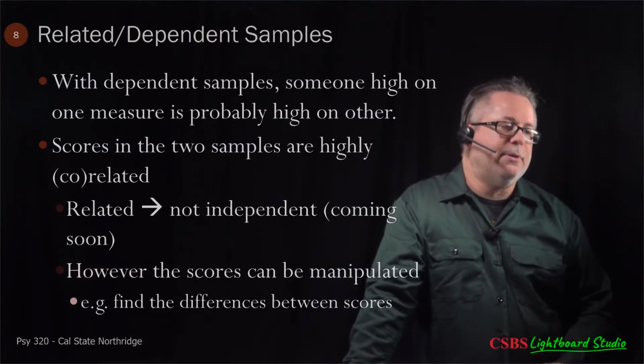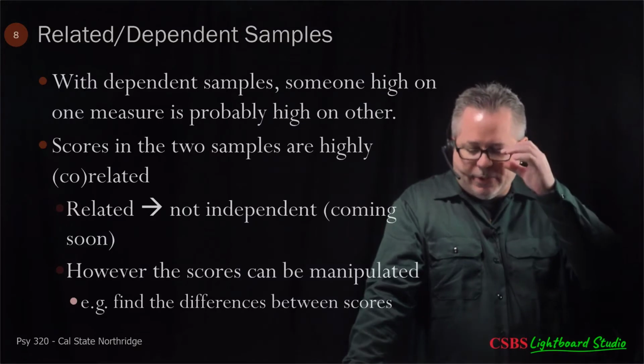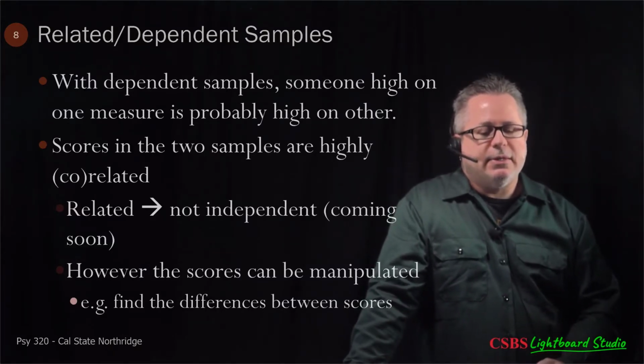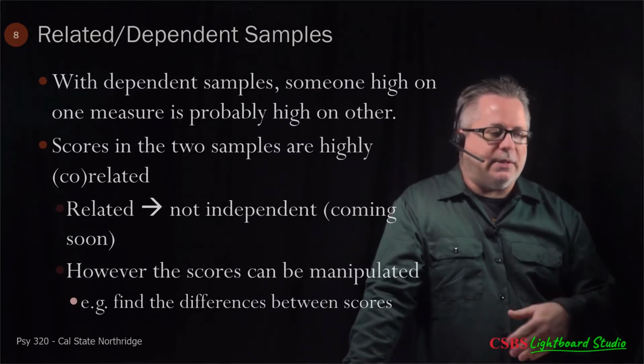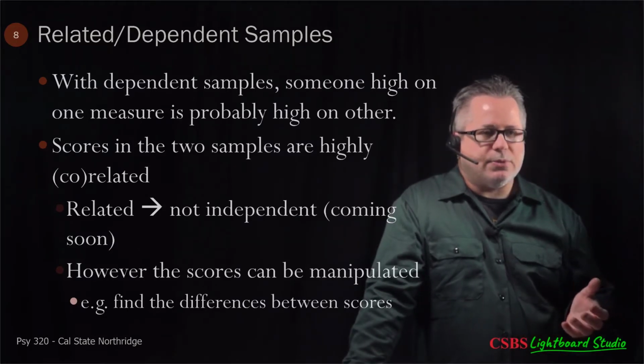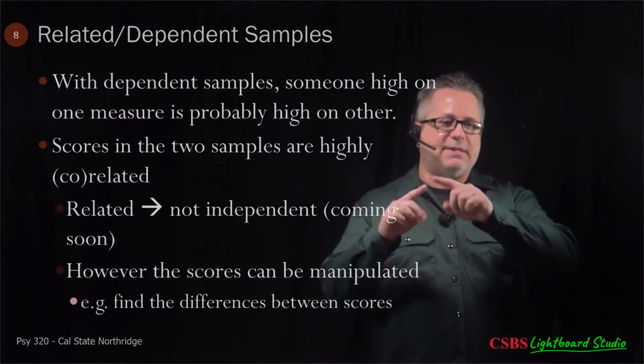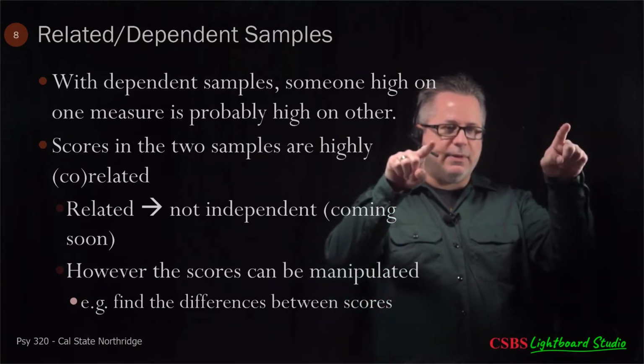So think about IQ. If I'm developing IQ Plus and I want to do a pre-post design, I give people a pretest, and I'm expecting IQ Plus to raise their scores. Someone who already has a high IQ is going to stay relatively high, right?